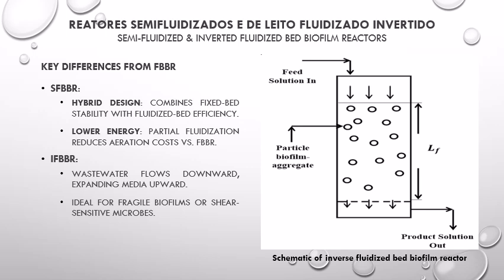The result is partial fluidization, which results in reduced aeration cost as compared to the fixed bed biofilm reactor. On the other hand, in the inverted fluidized bed, the IFBBR, wastewater flows downwards. This expands the media upwards, and this is best suited for fragile biofilms or sensitive microbes.